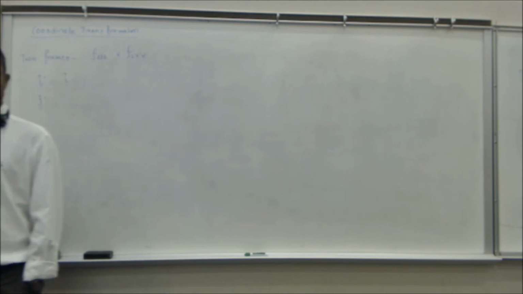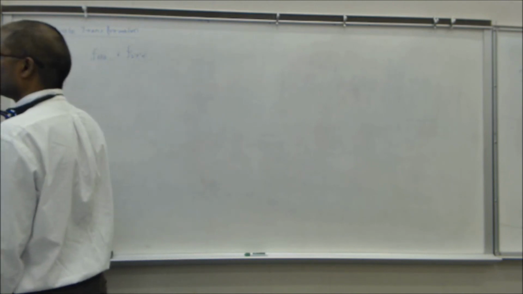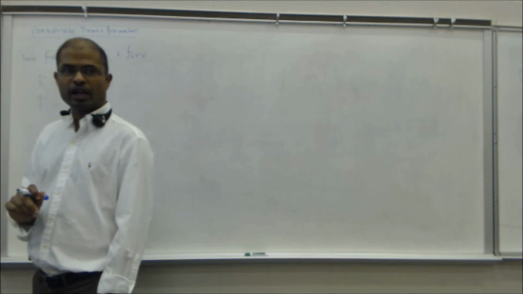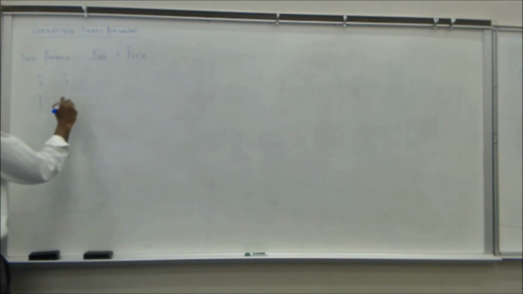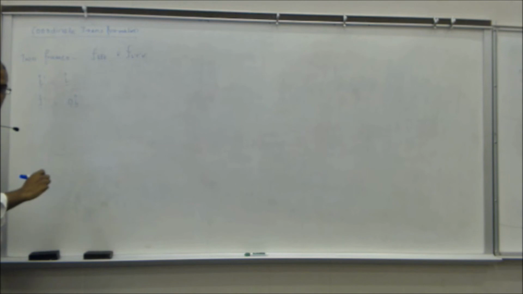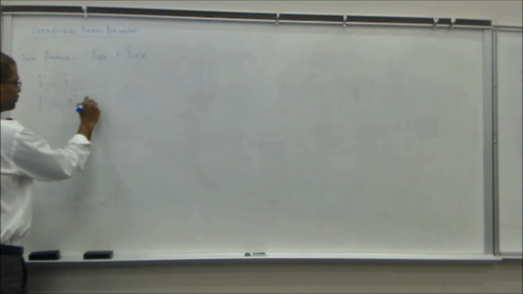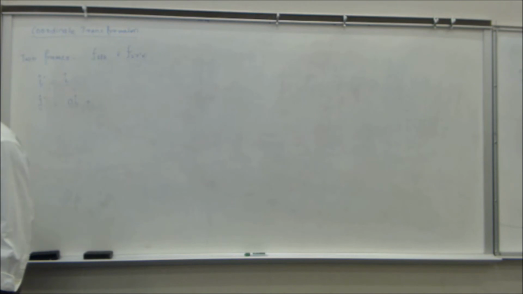Okay? So when you write your J prime in terms of ijk, the way you're going to write is, you're going to write 0 I, because there is no I component, plus, so what is this? You need J component next, right?